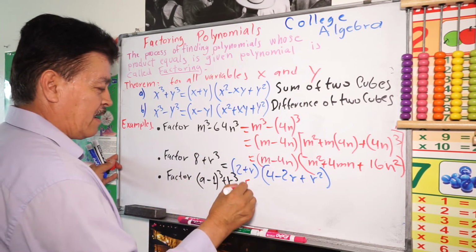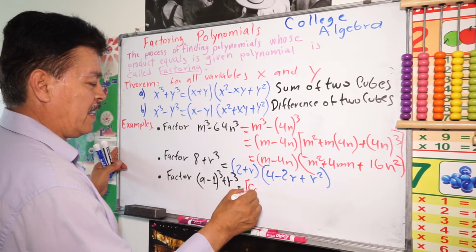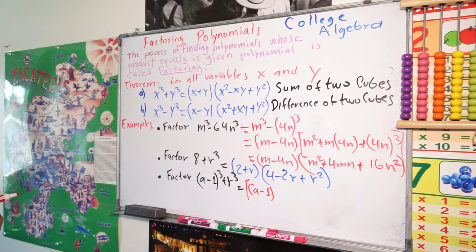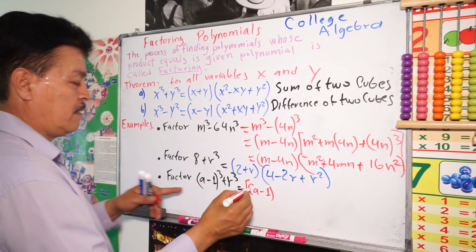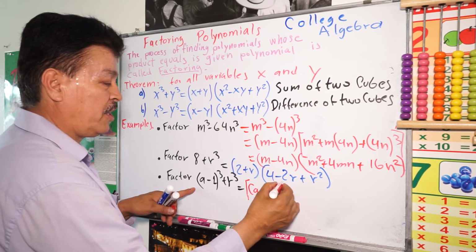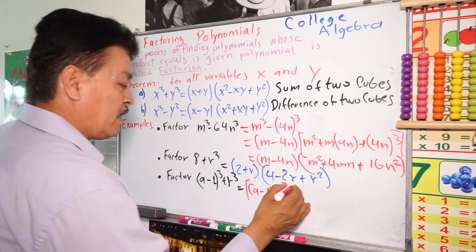So let's go solve. First, we are going to have a minus 1 here, plus 1, right? Plus 1 here, and then close the bracket, and then open a new bracket.